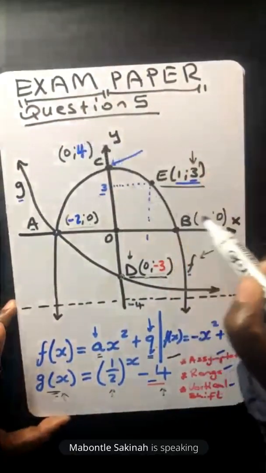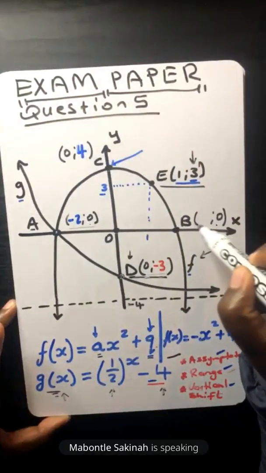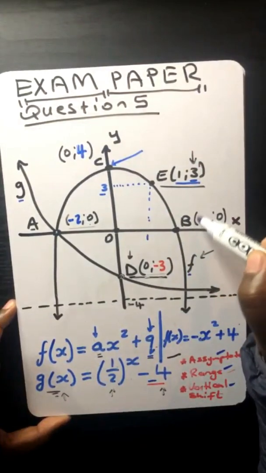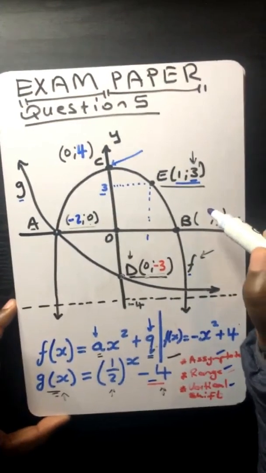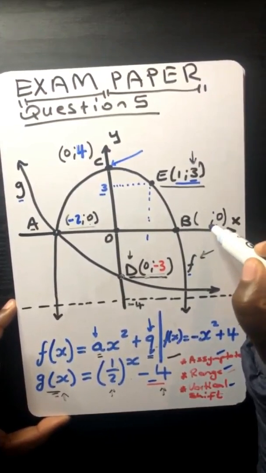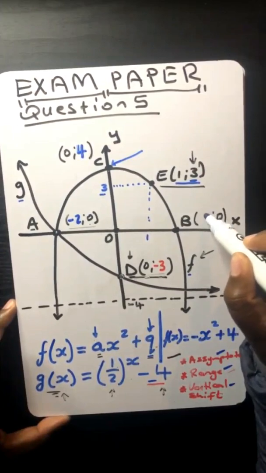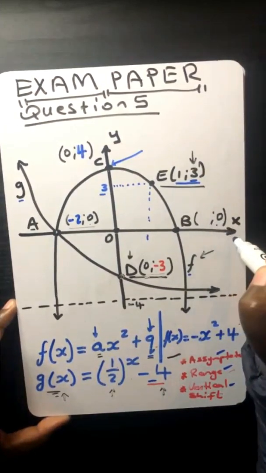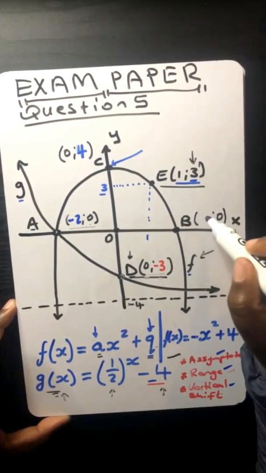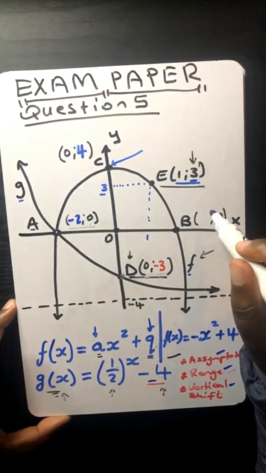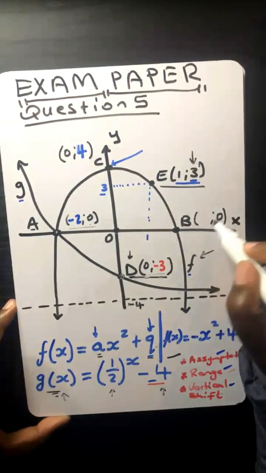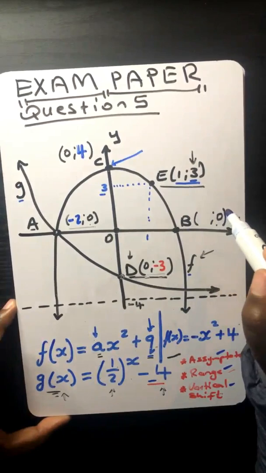We calculated it to be 4. What is the B value there? Positive 2, I think. Did we calculate the B value though? If we didn't, just let me know. No, sir, we didn't.